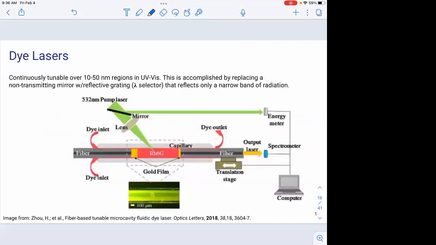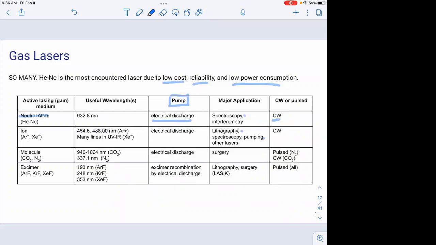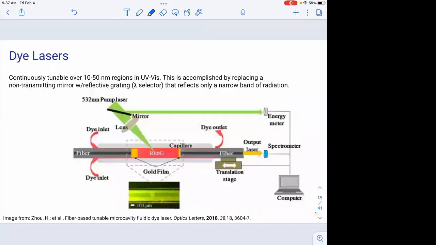Another example is a dye laser. These are nice because they're continuously tunable. The knock on a laser, right, is that it has a pretty narrow wavelength, or set of wavelengths even, that it can actually output.